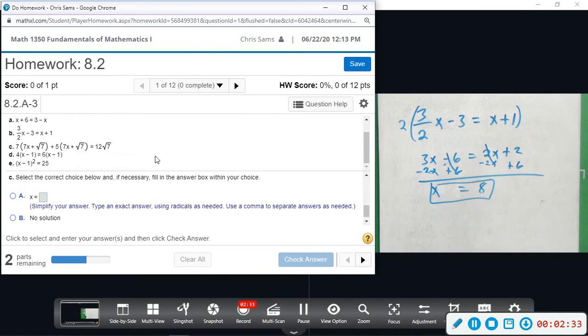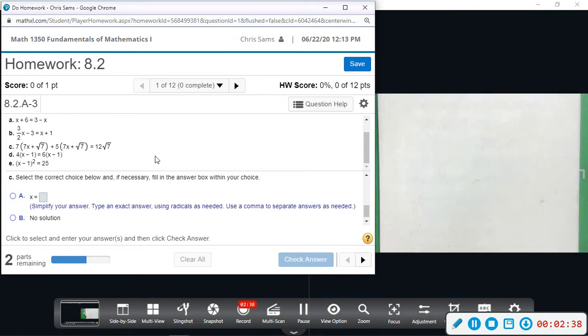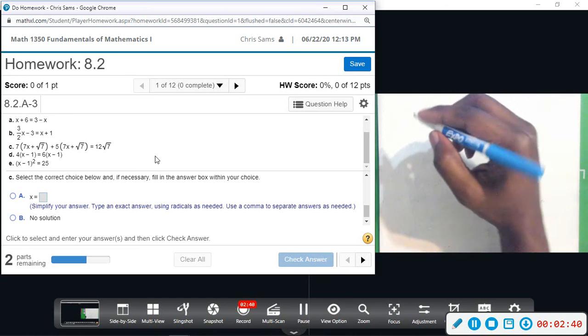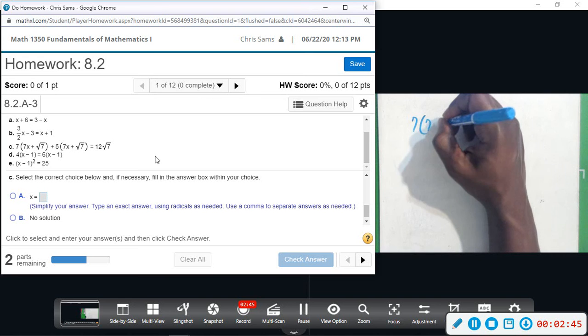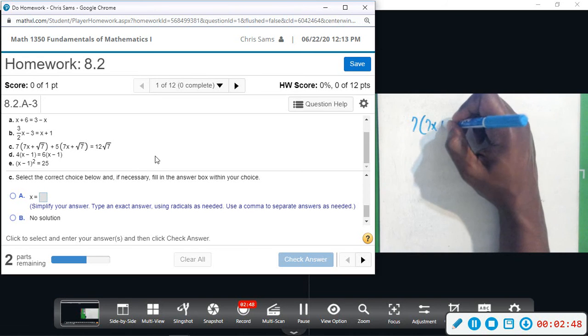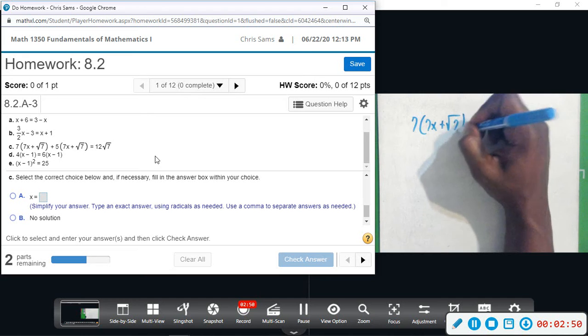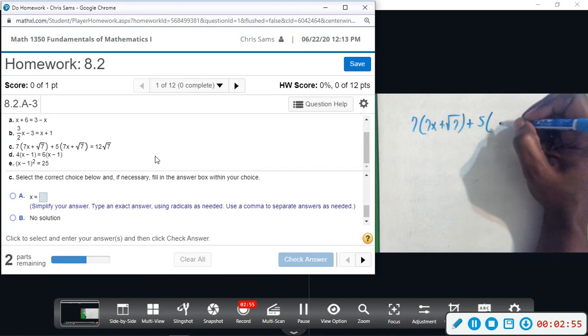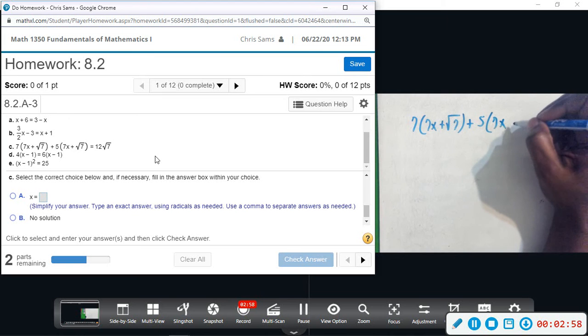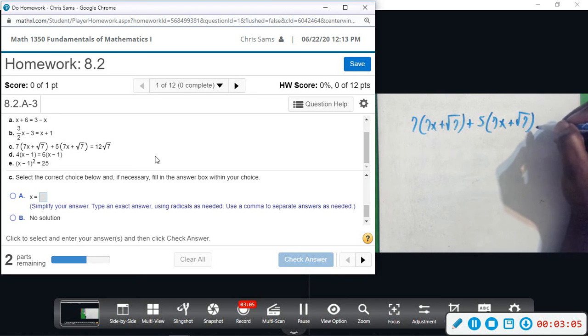Alright, part C, we have some radical expressions. We have 7 times the quantity 7x plus square root of 7, and then we have plus 5 times the quantity 7x plus the square root of 7, and then that equals 12 times the square root of 7.